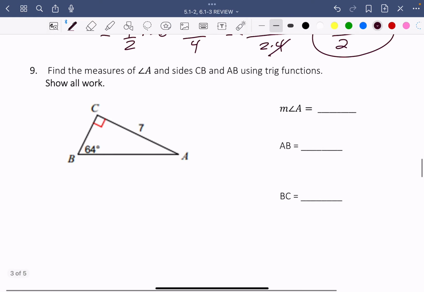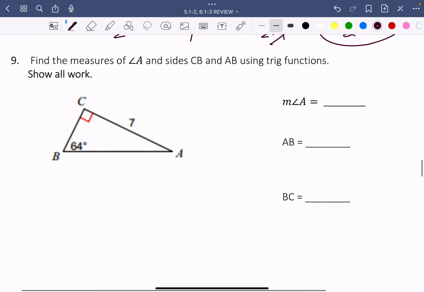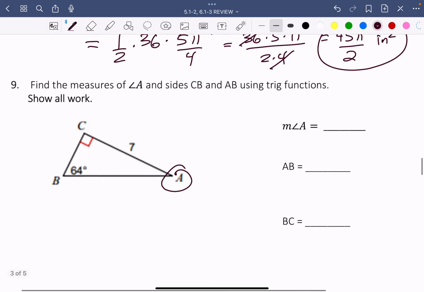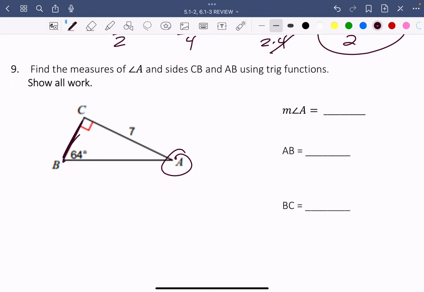All right. The measure of A. So it says find the measure of A and the sides CB and AB, right? But that's the same as BC, right? So BC and AB. Okay, let's find them.